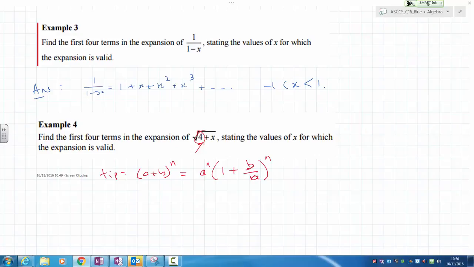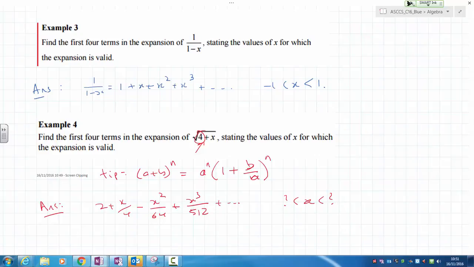And our final answer, I'll write down so you can have a go at doing it. It should be 2 plus x over 4 minus x squared over 64 plus x cubed over 512. And the limit, well, I'd like you to tell me what you get. I'll leave it as a question mark for the moment.